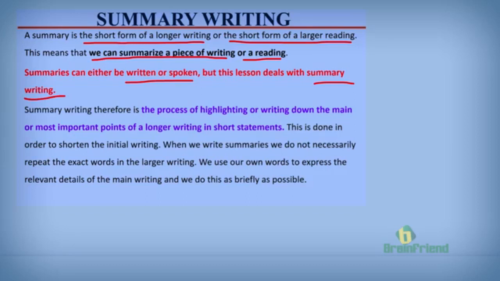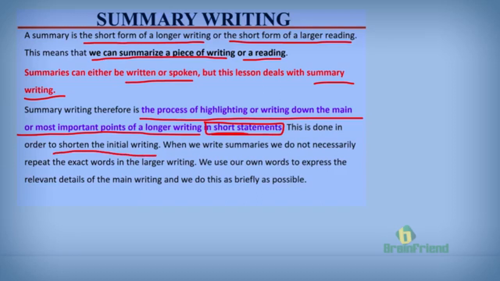Now, what is summary writing? Summary writing is defined as the process of highlighting or writing down the main or most important points of a longer writing in short statements. Very important, in short statements. This is done in order to shorten the initial writing. When we write summaries, we do not necessarily repeat the exact words in the larger writing.